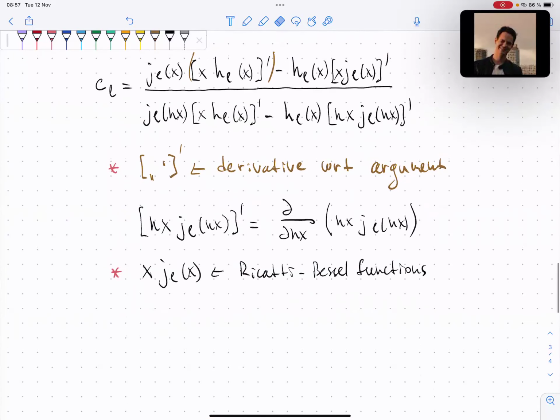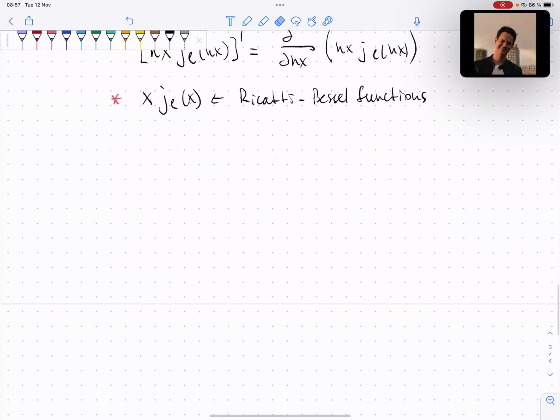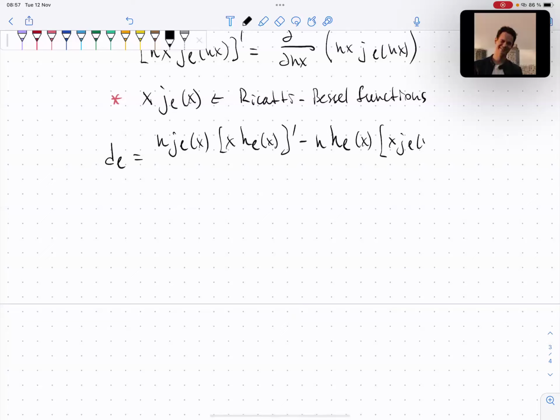And the expression for the D coefficient will look similar. It will be n j_l of x, [x h_l of x] derivative, minus n h_l of x, [x j_l of x] derivative, divided by n squared j_l of nx, [x h_l of x] derivative, minus h_l of x and [nx j_l of nx] derivative.